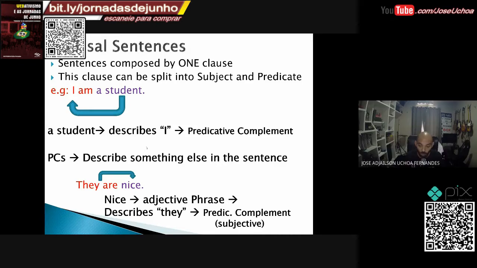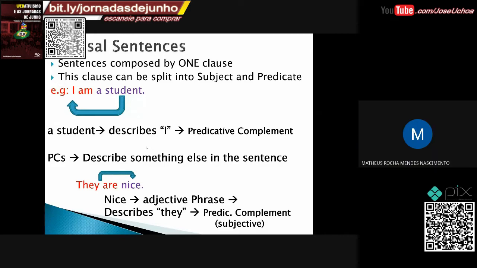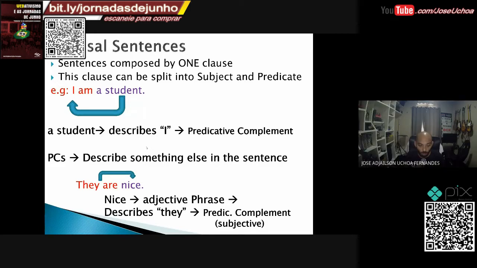The difference is objects are external to the subject. I took the phone. The phone is not me. It's something I act over. Now, the predicative complement describes back the subject.